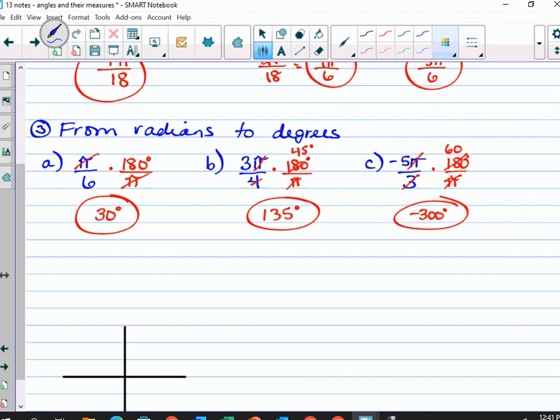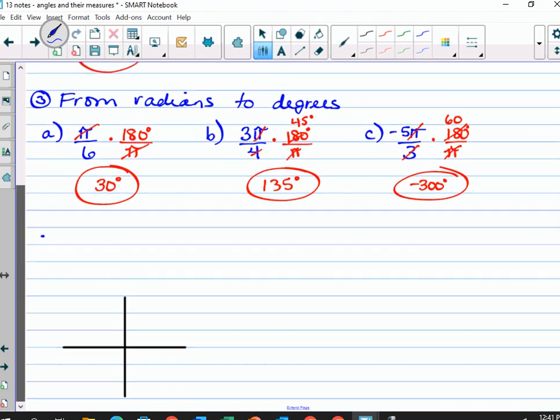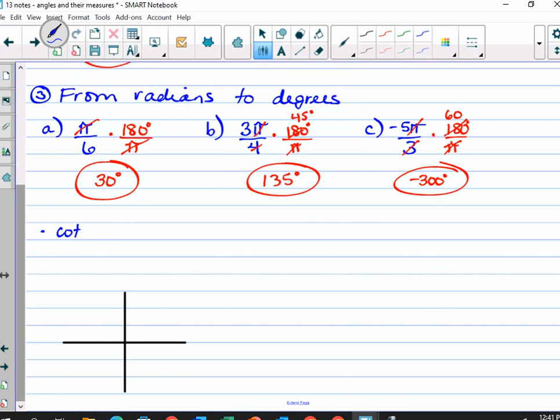Okay, another definition for us. We're nearing the end, guys. Last definition. We have coterminal angles.